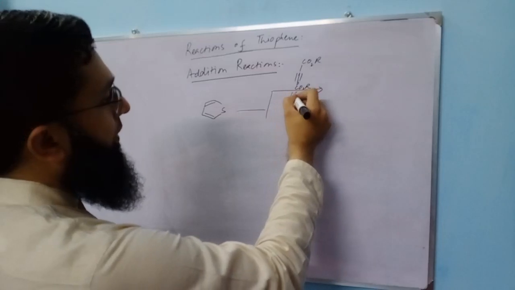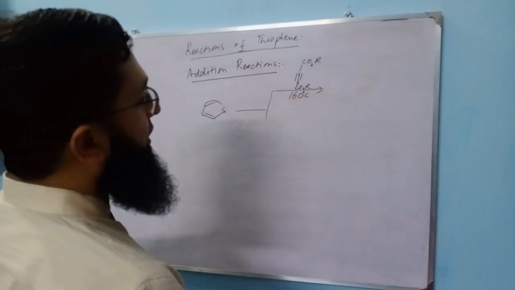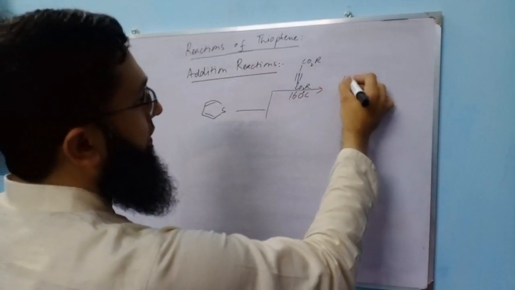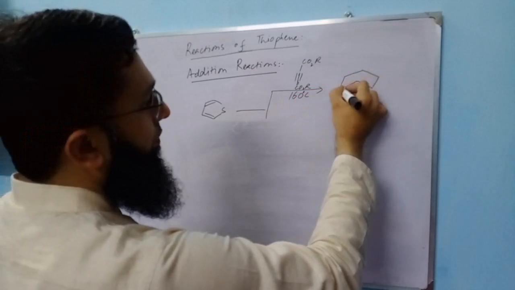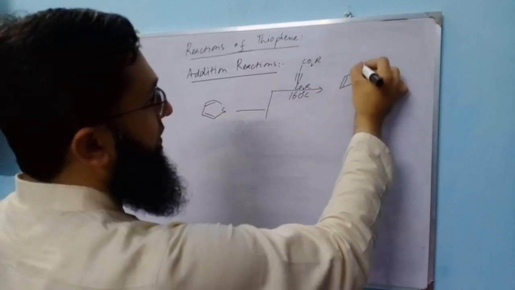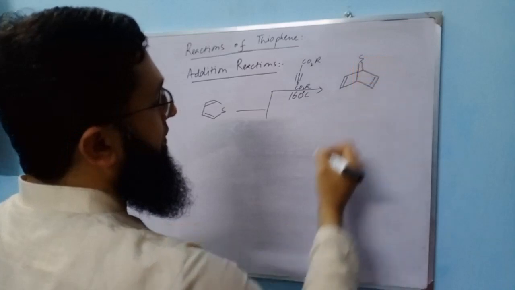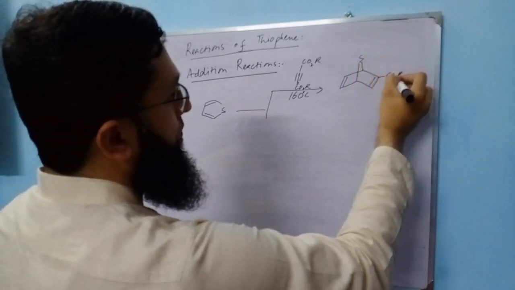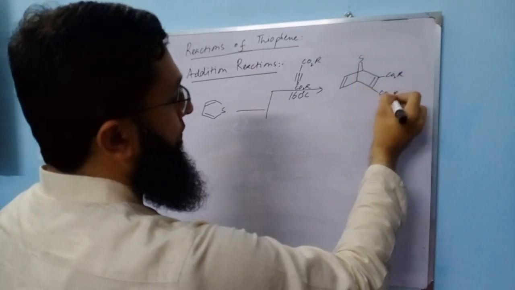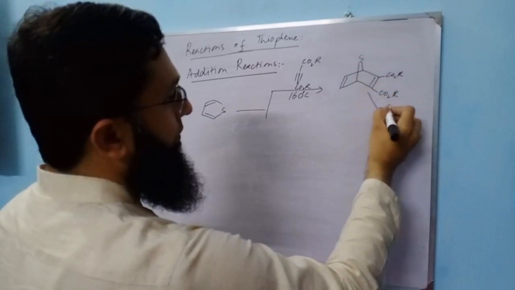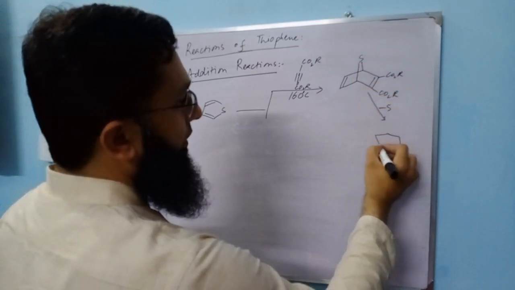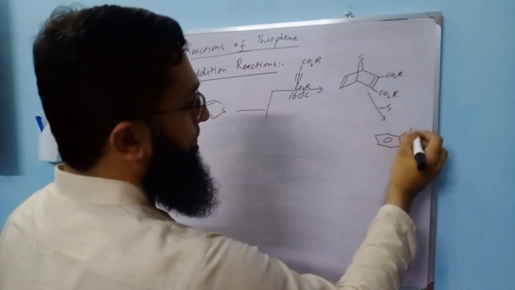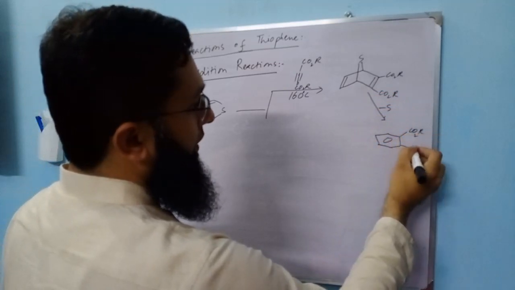This reaction may take place at 160 degrees centigrade, and we get this product. And it can lose sulfur to give rise to a benzene derivative.